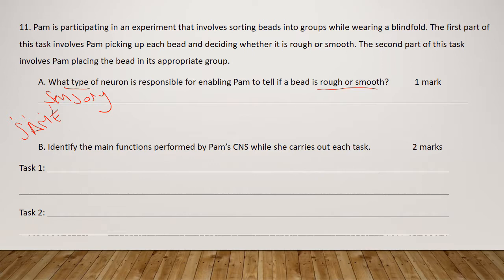So identify the main functions performed by Pam's CNS, so the central nervous system, while she carries out each task. So what would the central nervous system do? So task 1, the central nervous system would process the sensory information to decide if the bead was rough or smooth, okay? So we'd process sensory info.